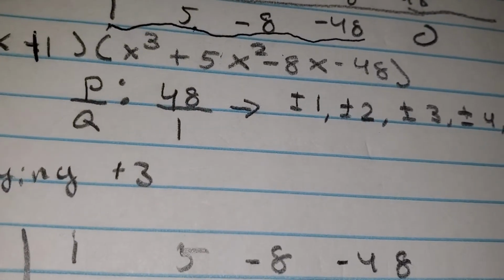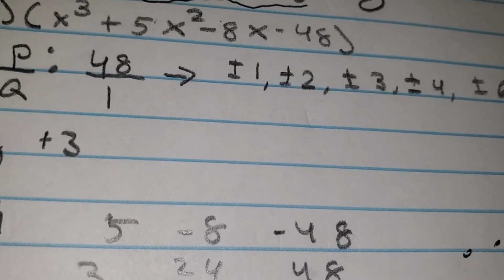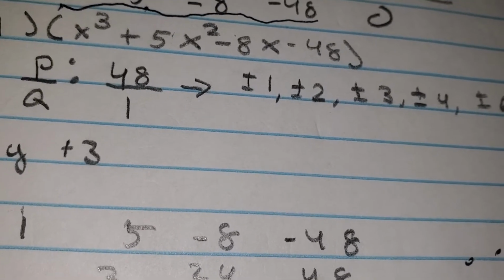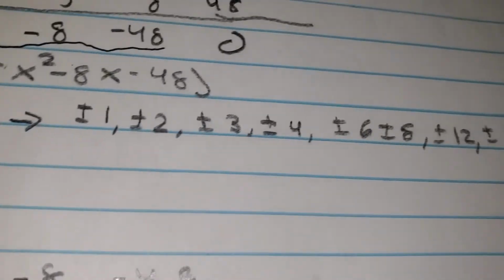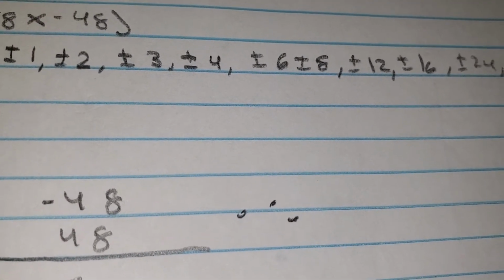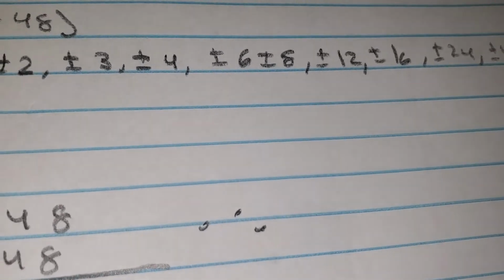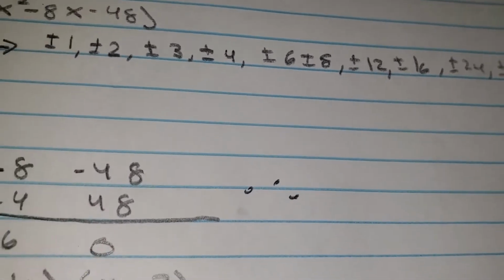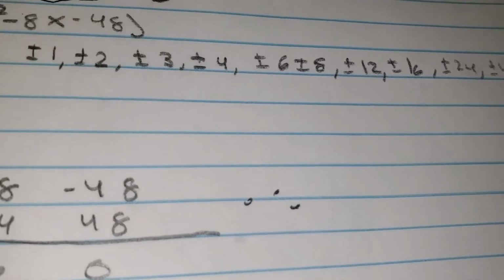So we use the rational root theorem again. Plus or minus 48 is our p, and our q is 1. That leaves us with plus or minus 1, 2, 3, 4, 6, 8, 12, 16, 24, and 48.